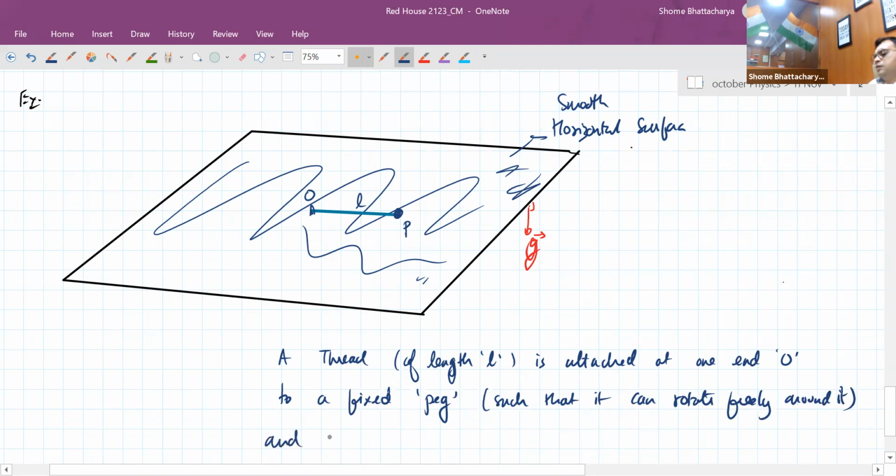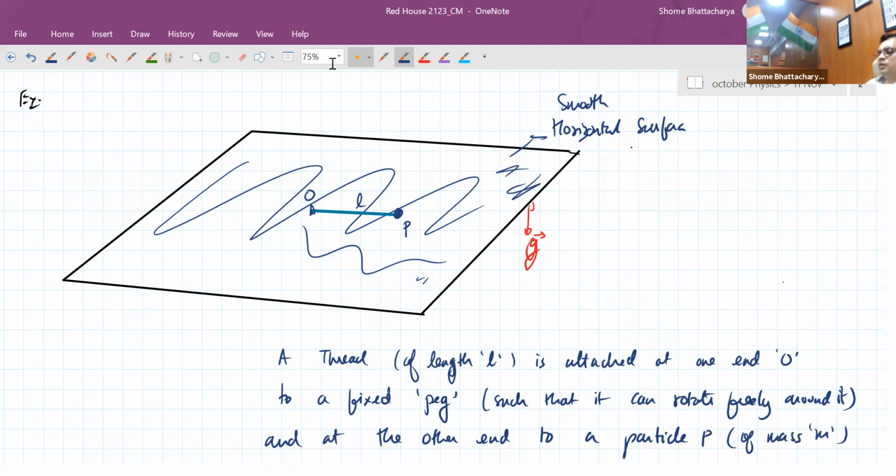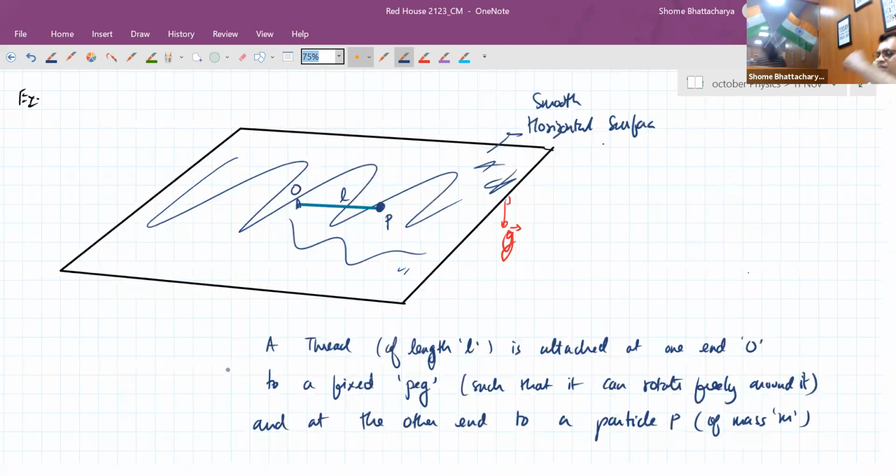And at the other end to a particle P of mass M. Okay. So this is the experimental setup, let's say.